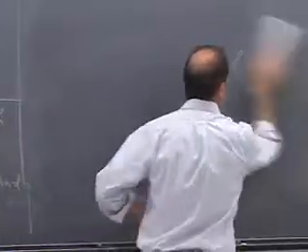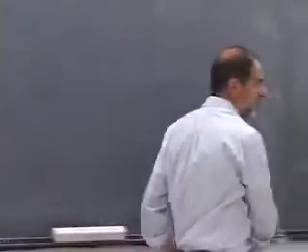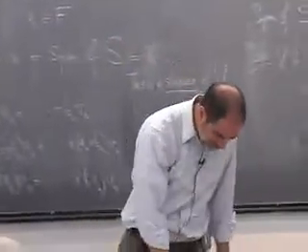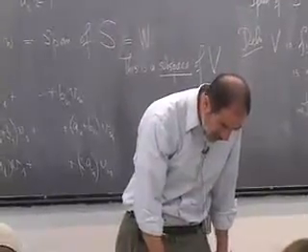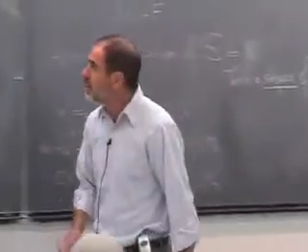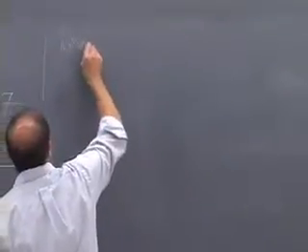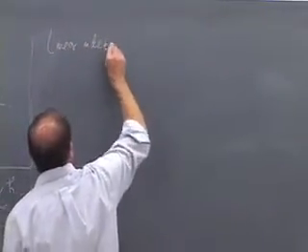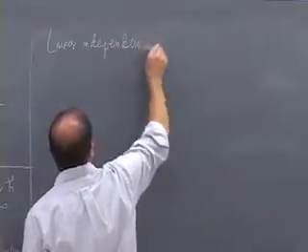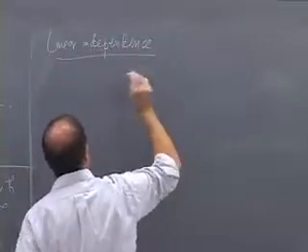Okay? So that's the notion of span and finite dimensionality. Now the second notion is the notion of linear independence, which is expressed as follows.